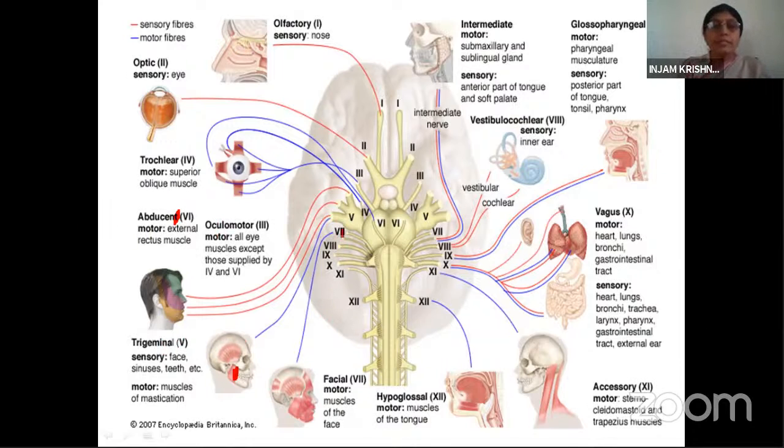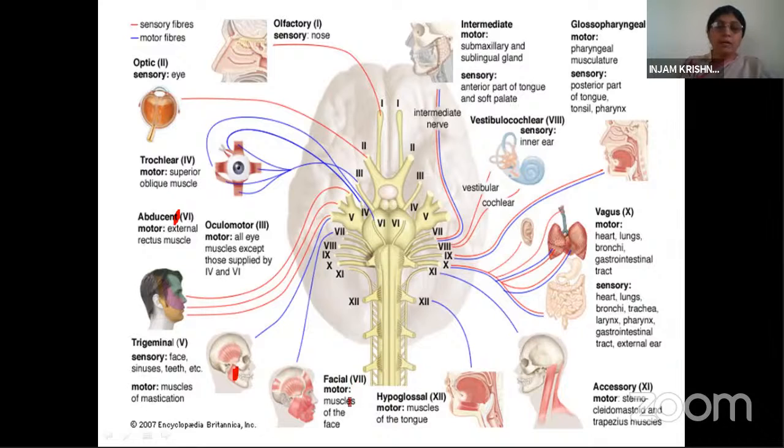Next, the seventh one. This is the seventh one, facial. Facial is motor and sensory also, that means a mixed one.